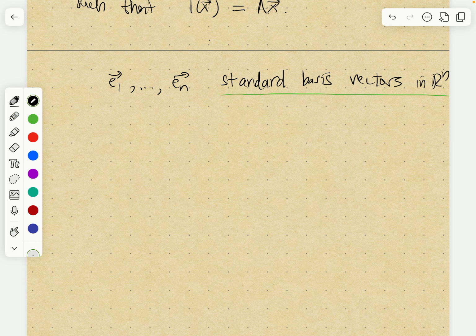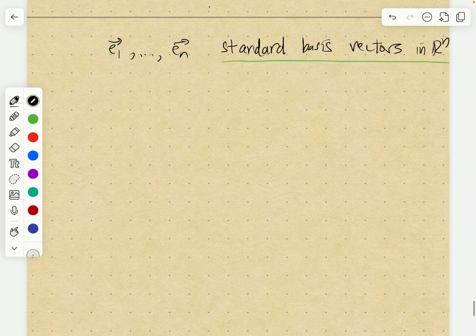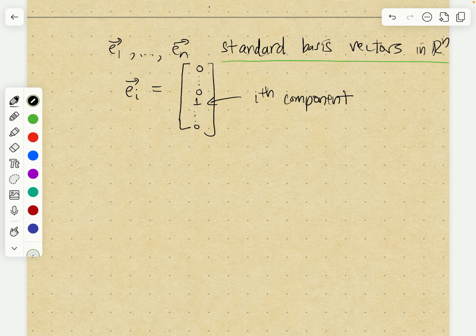The standard basis vectors in Rn are defined by: E sub i is zeros, but you have a 1 in the ith component.